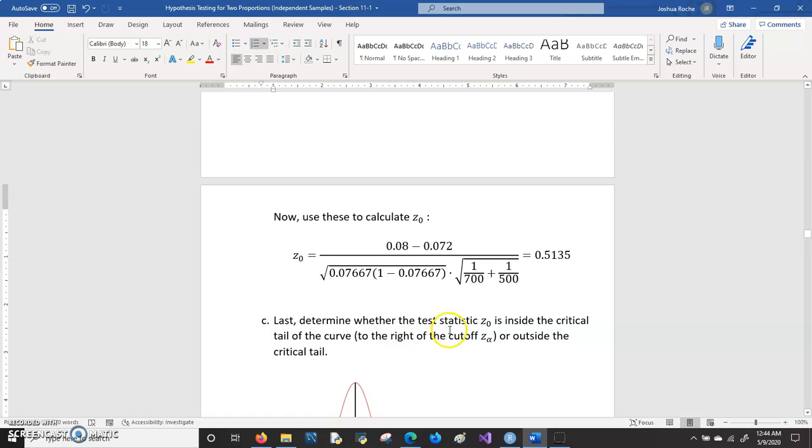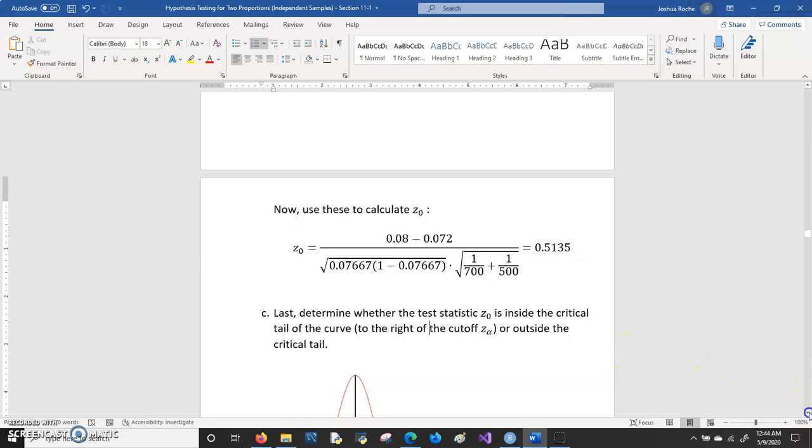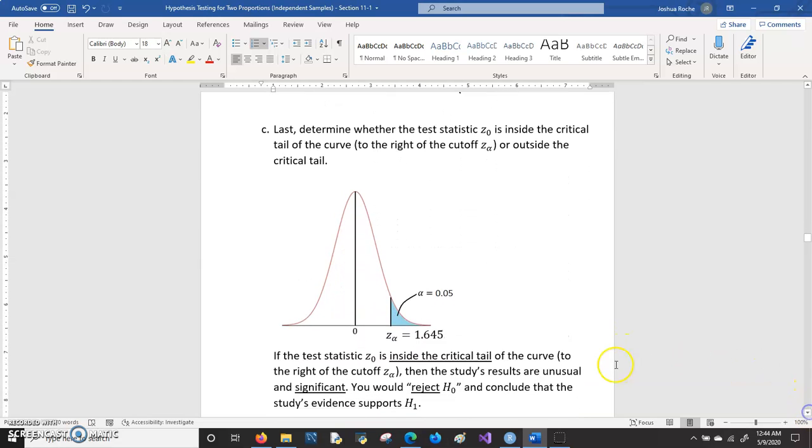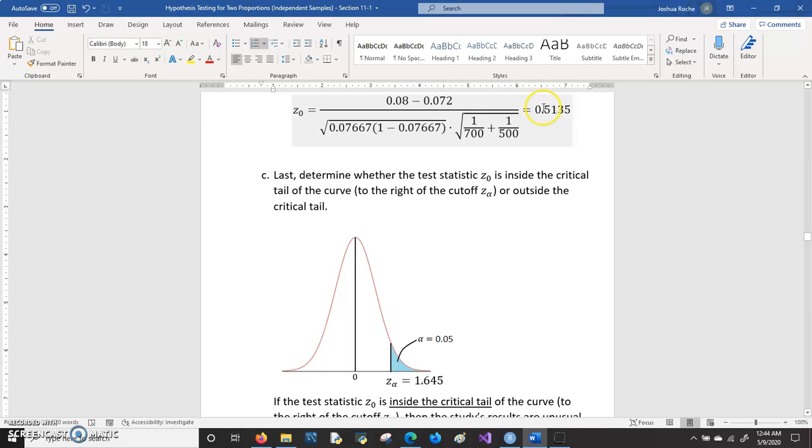The last thing is to determine whether the test statistic is inside the critical tail of the curve or outside. Here's our tail, and 0.5135 is going to be somewhere over here. It's not more than this value. It's somewhere on this side.